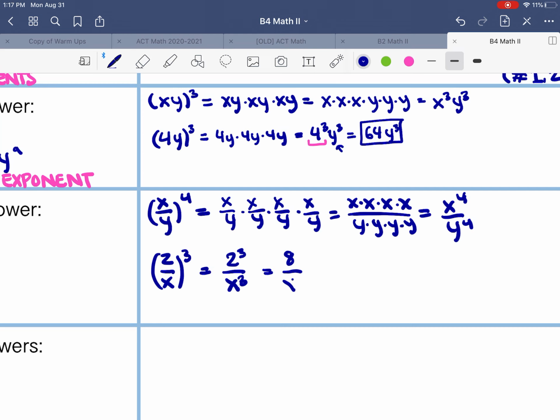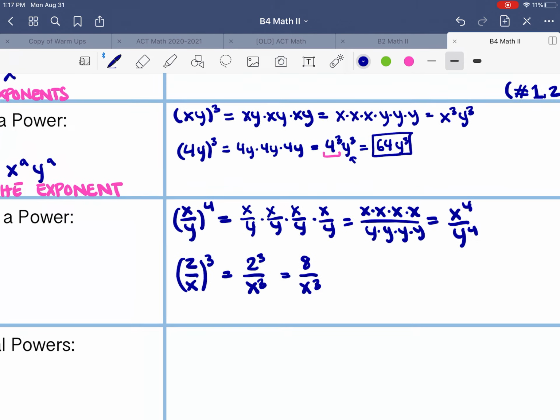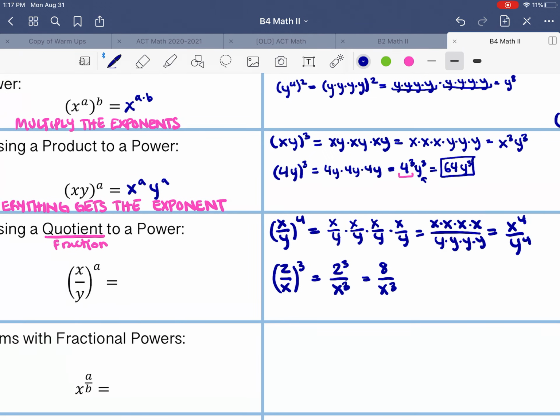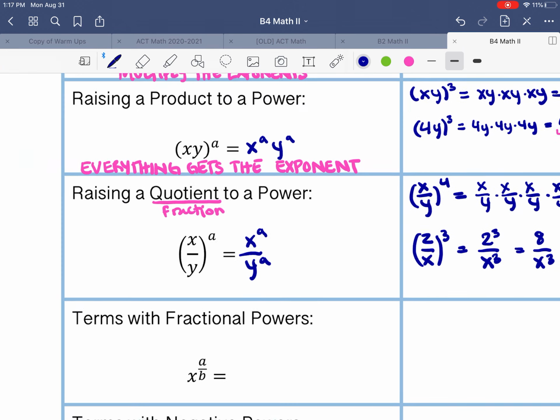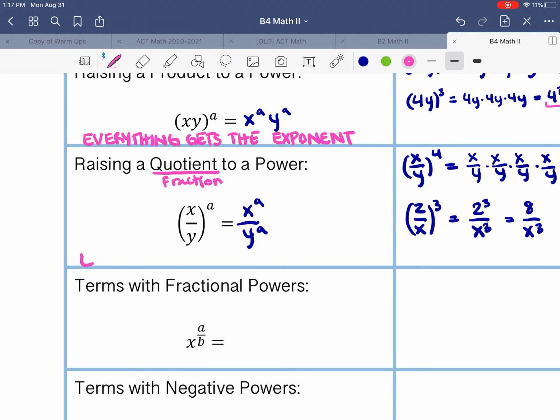So 2 to the 3rd is 8. And you would get 8 over x to the 3rd power. So the rule here is that both the numerator and the denominator get the power. So again, it's a little bit like distribution, but you just have to make sure that everything inside the parentheses gets copied the appropriate number of times.